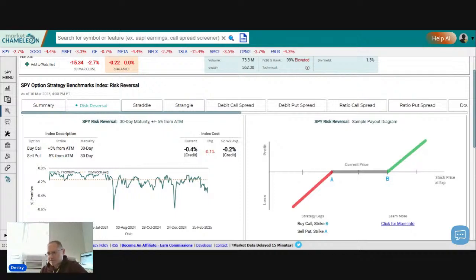So we convert it to percentage because the stock is moving around, right? So the option values are adjusting to the stock price as well.